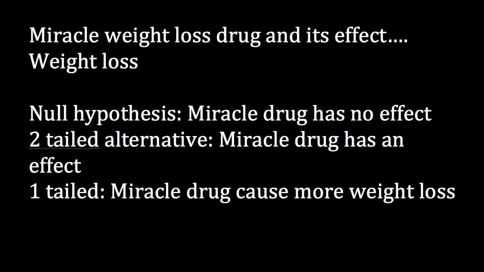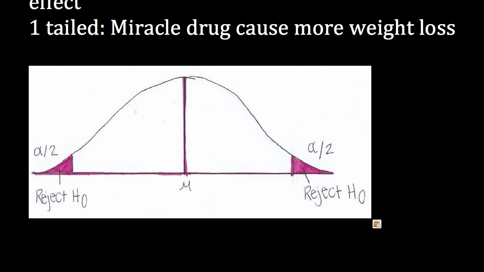So let's look at a pictorial representation of our distribution. This is a pictorial representation of a two-tailed test. If our alpha is set at 0.05, the probability distribution contains half of the area on the left and half of the area on the right.